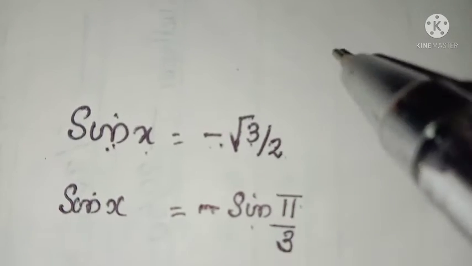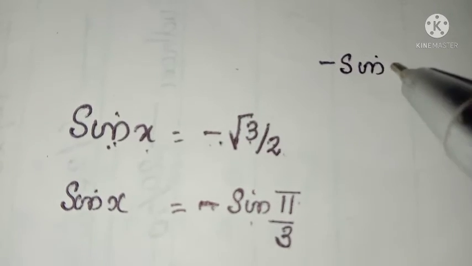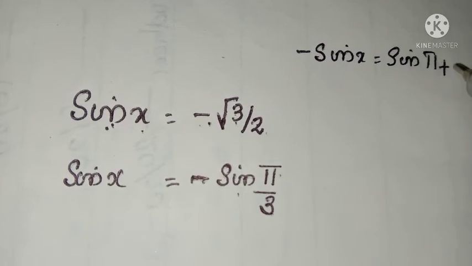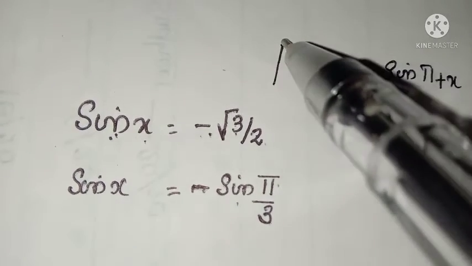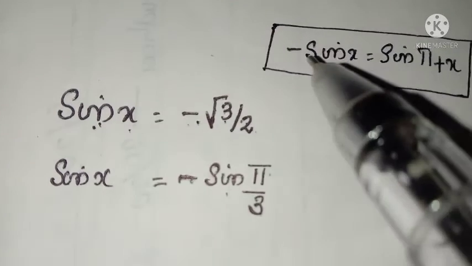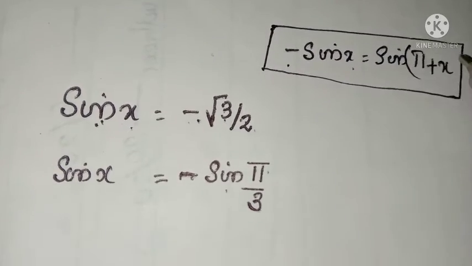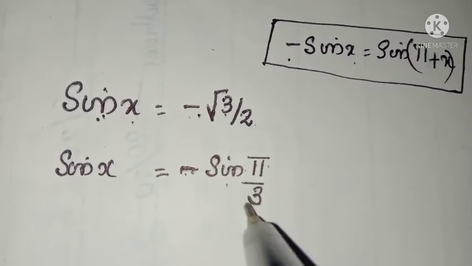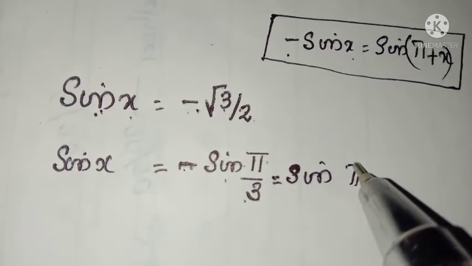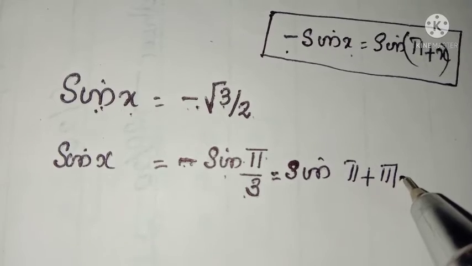So use the result negative sin x equal to sin pi plus x. Learn all the formulae by heart. Sin pi plus x equal to negative sin x. So what is negative sin pi by 3? It is sin pi plus pi by 3.